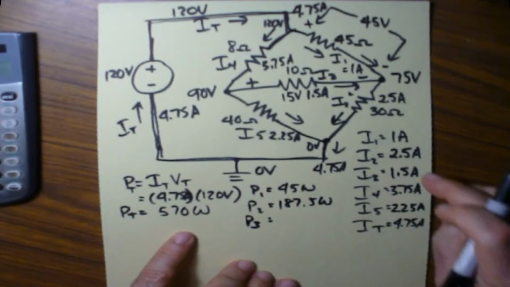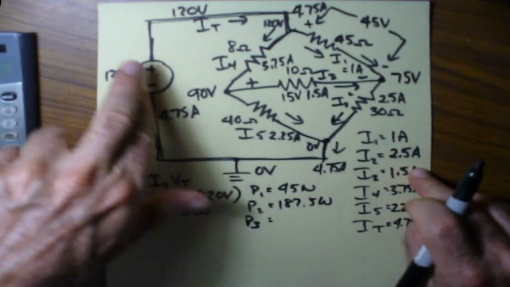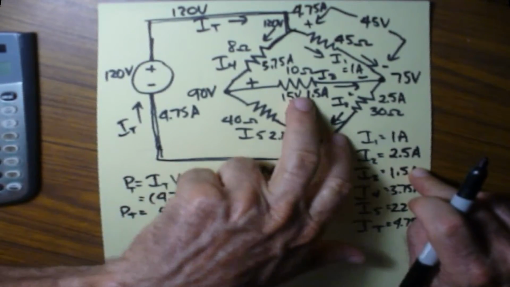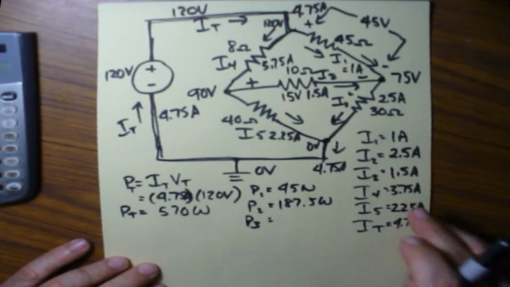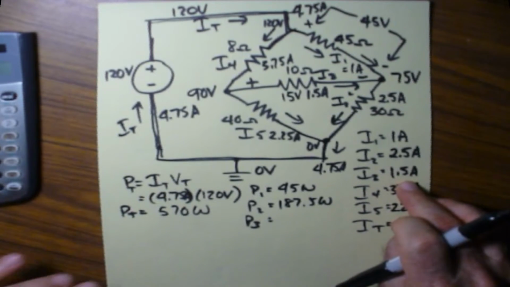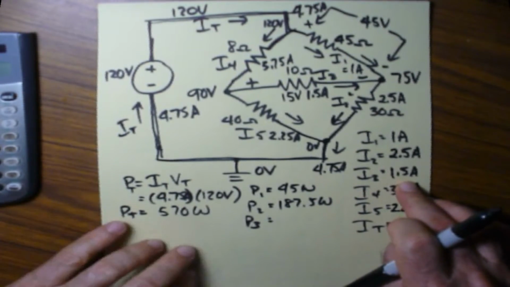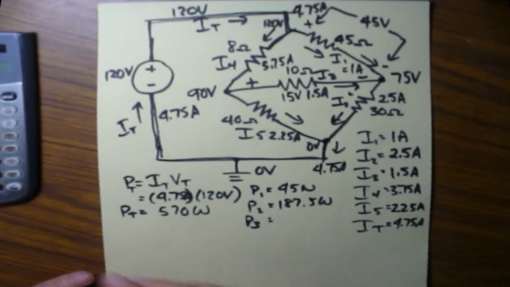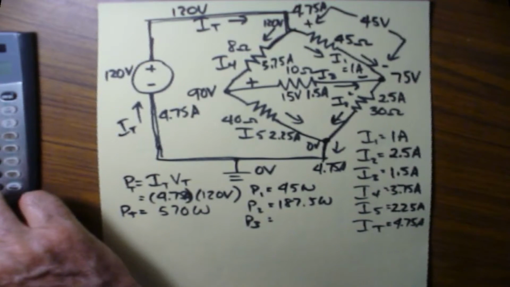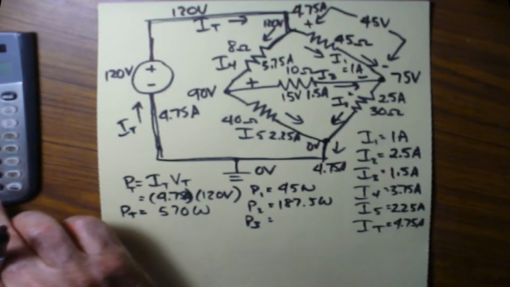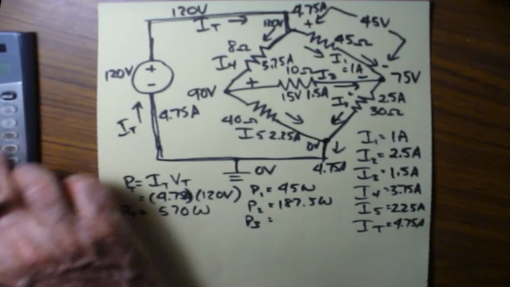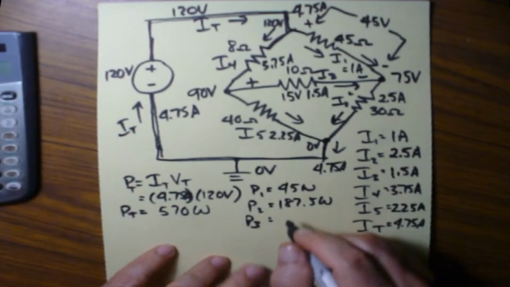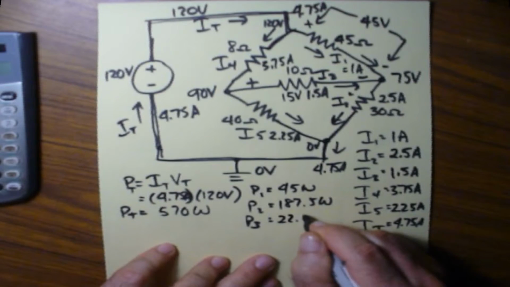P3 is I3 over here, which is 1.5 amps times the voltage, 15 volts, so we've got 1.5 times 15, which is going to be 22.5 watts.